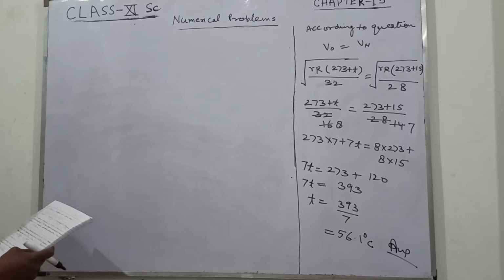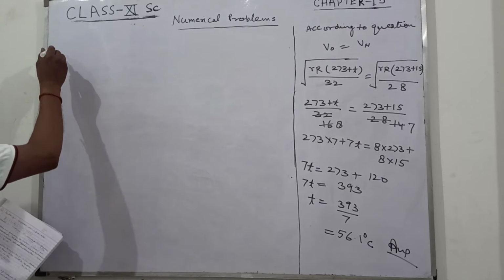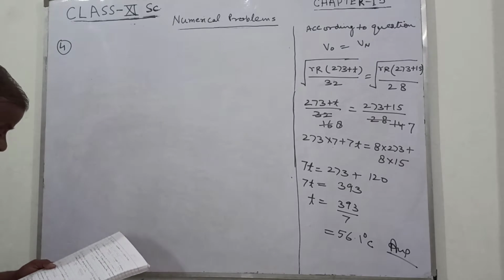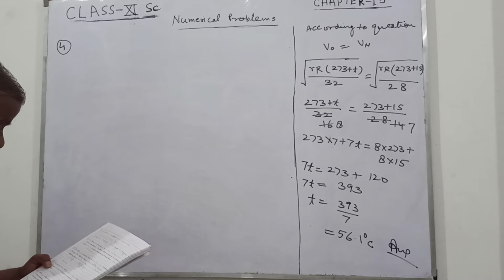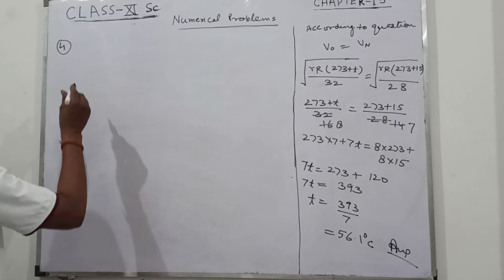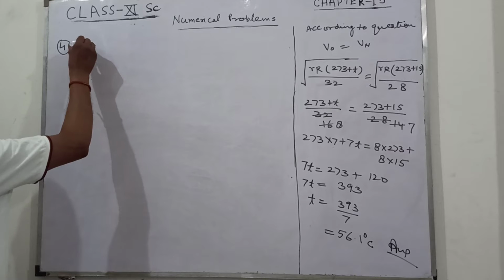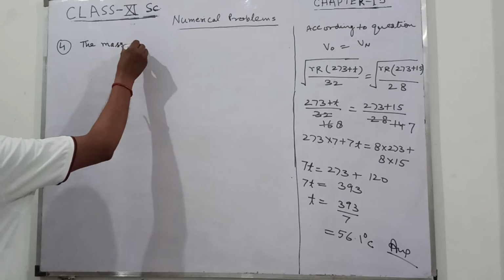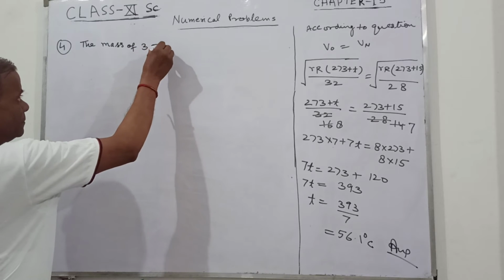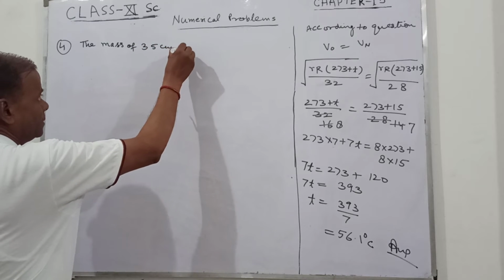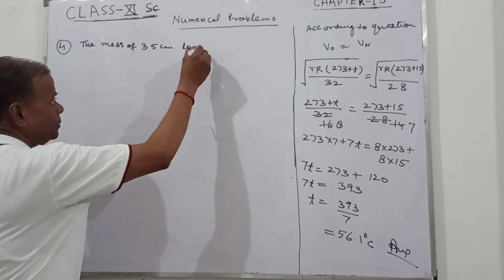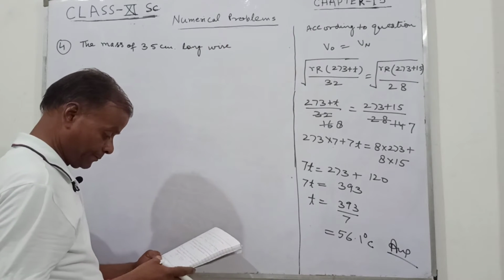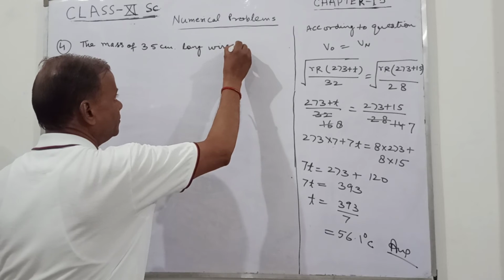And now fourth question. The mass of a 35 centimeter long wire is 2 gram.